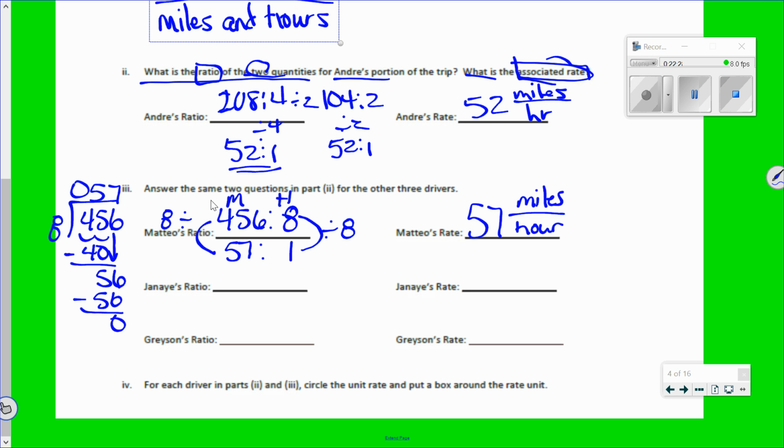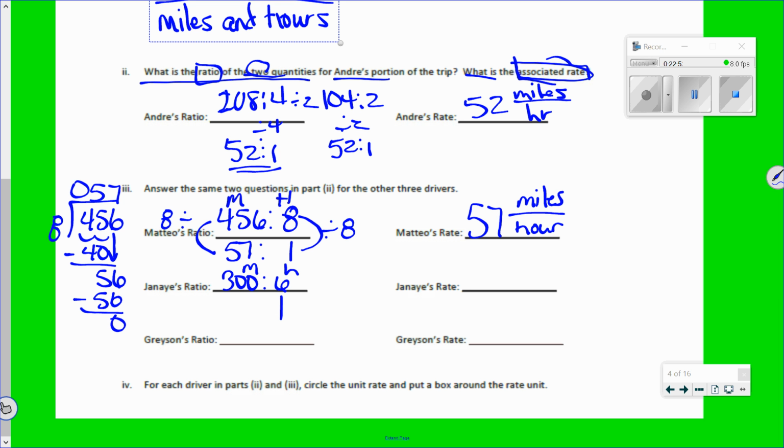All right, who can tell me Janae's ratio from the table? 300 to 6. And when we're finding rates, we are trying to find how many in 1 hour. So we know 300 stands for the miles and 6 stands for the hours.